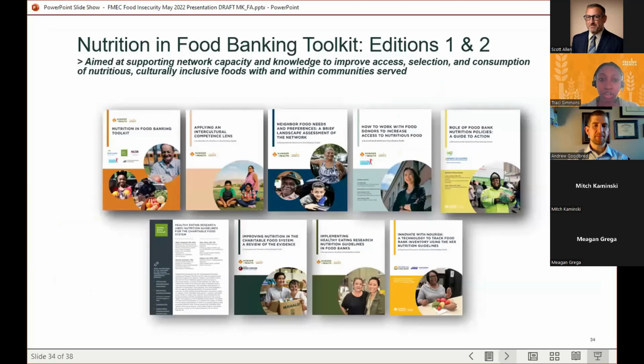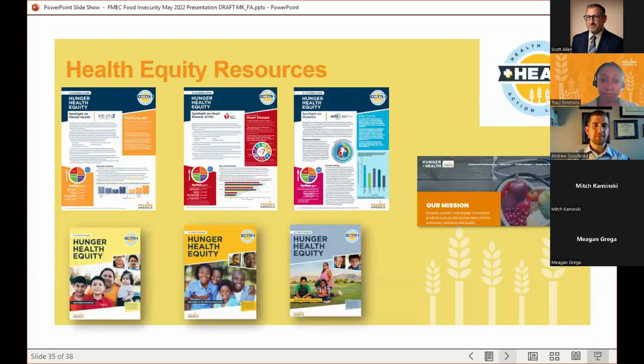Additional resources on how we are talking about nutrition and food banking, and again, really elevating the cultural inclusivity of foods that we are procuring as a way to meet individual food needs and preferences. Our focus as well is getting at the root causes and really getting folks away from having to rely on food banks day in, day out.